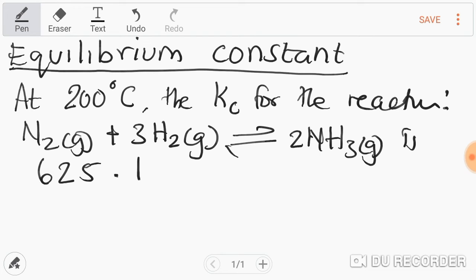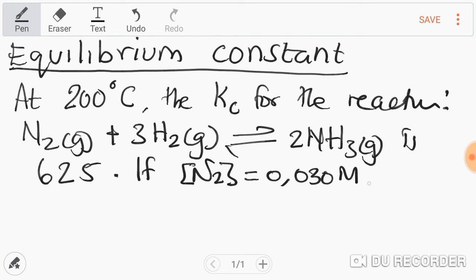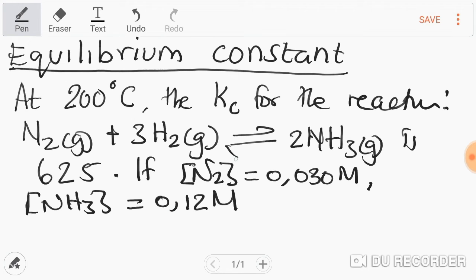So it goes further and says if the concentration, remember these brackets mean concentration, if the concentration of N2 is 0.030 molar and the concentration of NH3 is 0.12 molar, then what is the concentration of H2?